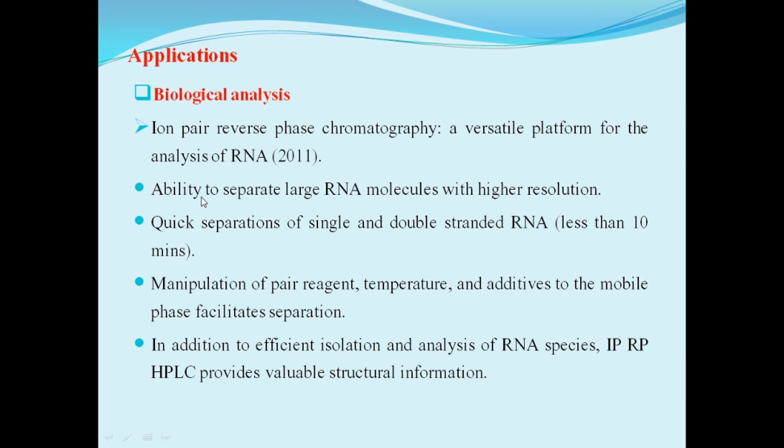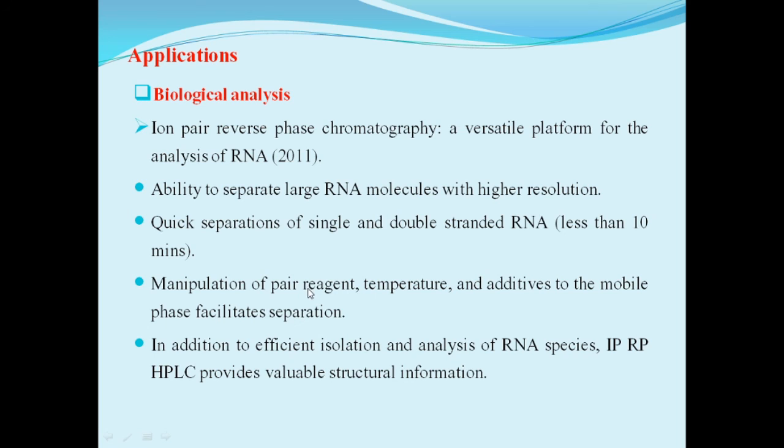Applications of IPC. Ion pair reverse phase chromatography, a versatile platform for the analysis of RNA. Ability to separate large RNA molecules with higher resolution. Quick separation of single and double stranded RNA, in less than 10 minutes.